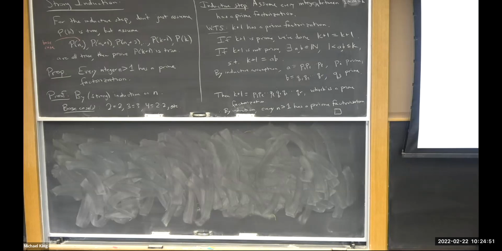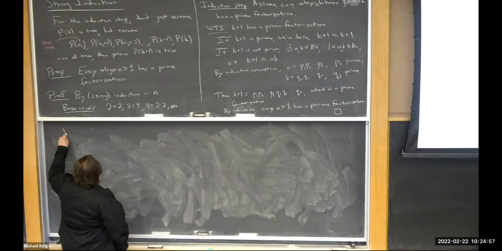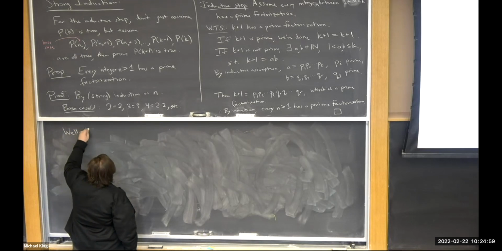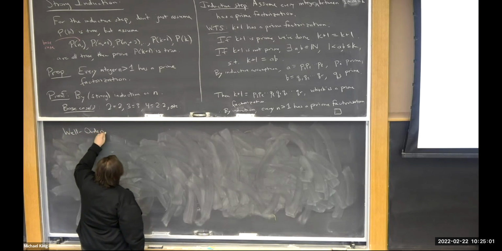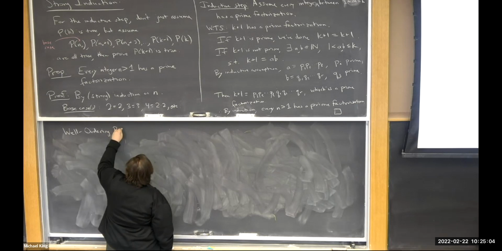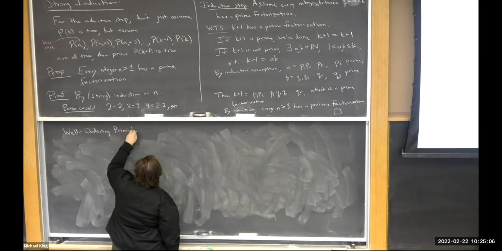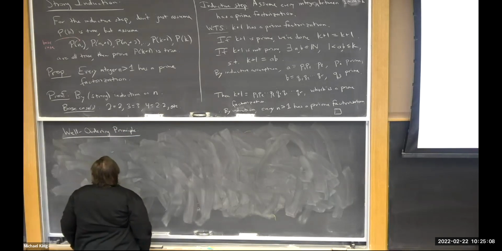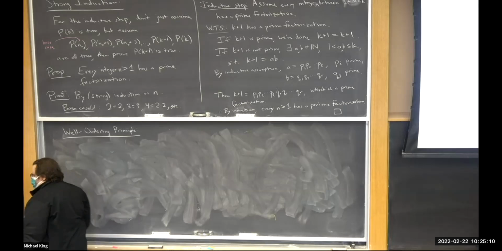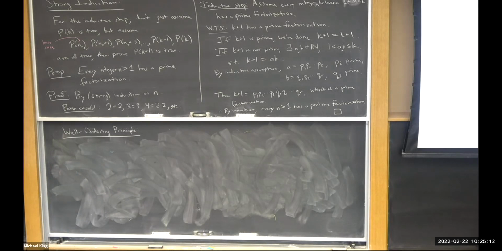Okay, I also wanted to talk about the well-ordering principle, which is something very similar, although it looks weird at first. So this is that last axiom on the axioms for the integers.